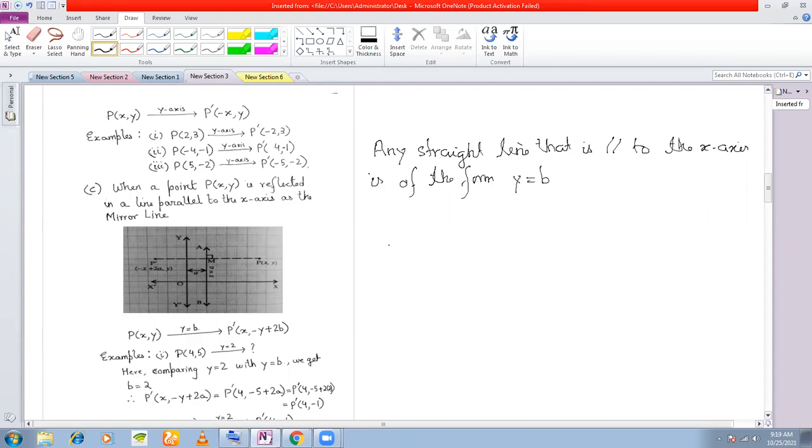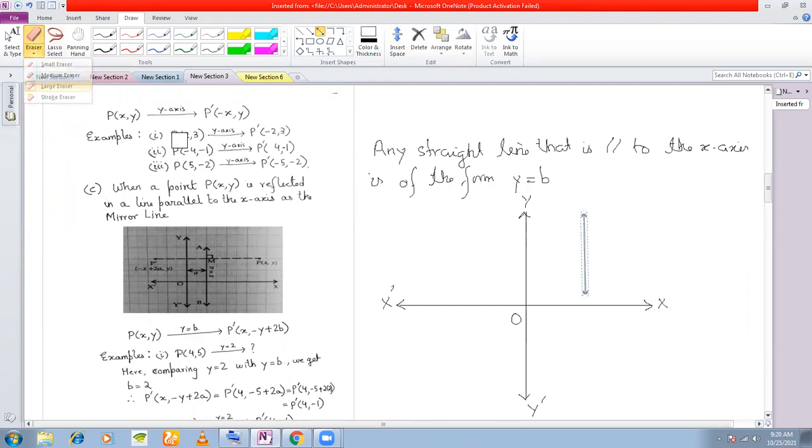Okay. For example, if I give you this, and I draw a straight line parallel to the x-axis, such that I am drawing this at a distance of, let us say, 3 units.